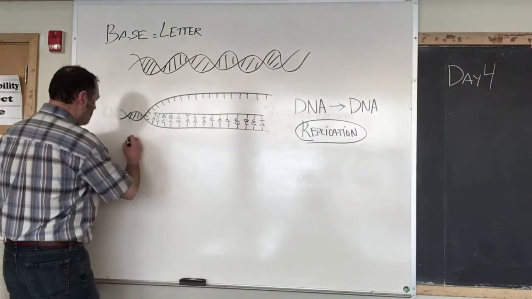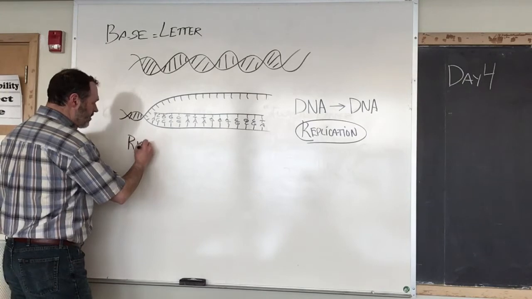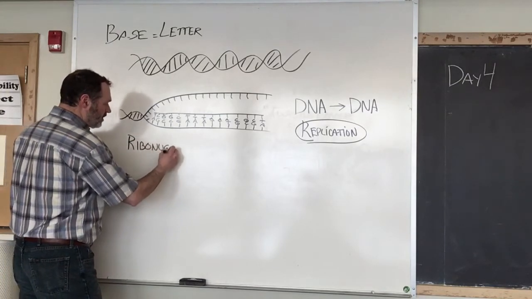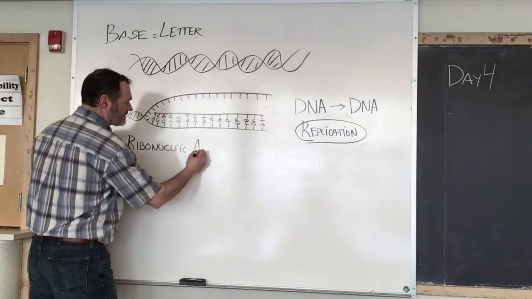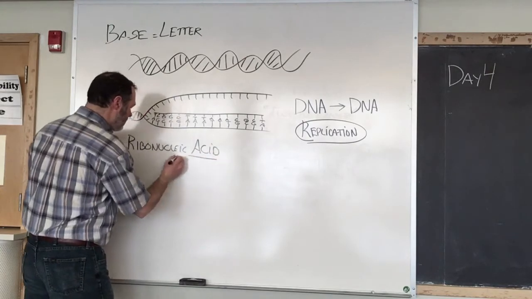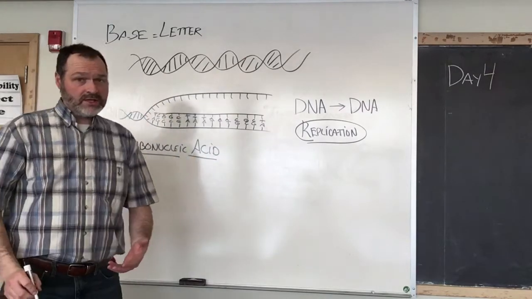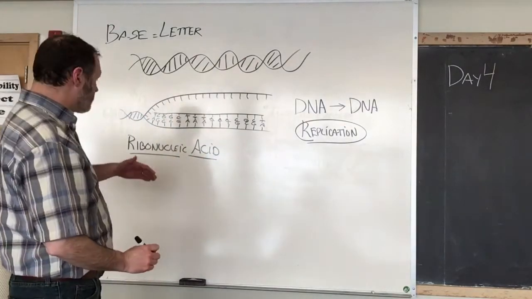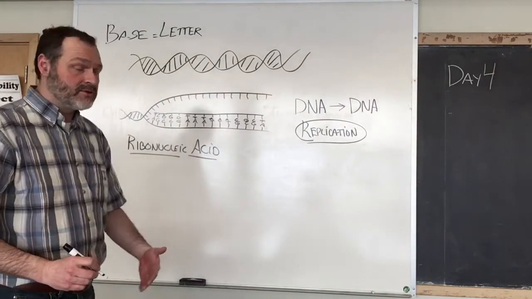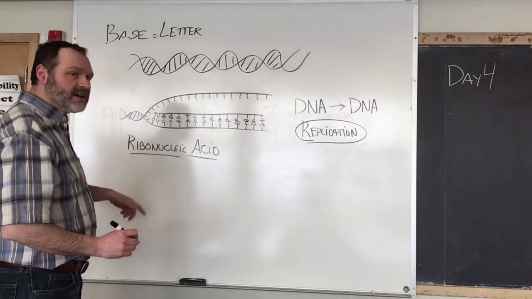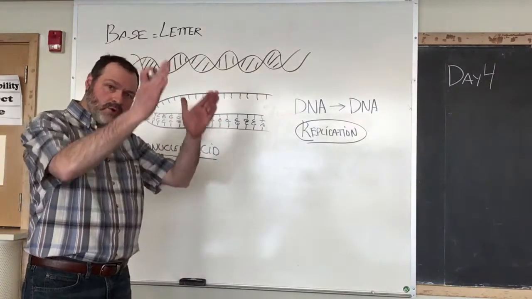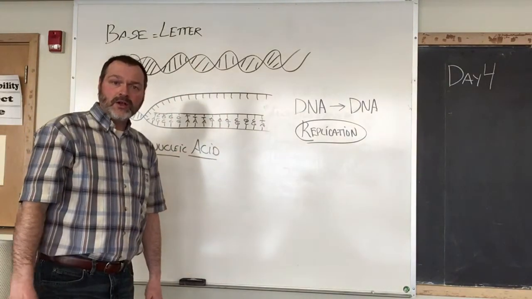In order for that to happen, we need to understand another molecule. And that other molecule is called ribonucleic acid. Now, you'll notice that ribonucleic acid is really similar to deoxyribonucleic acid, but what it doesn't have is the two different rails of DNA.